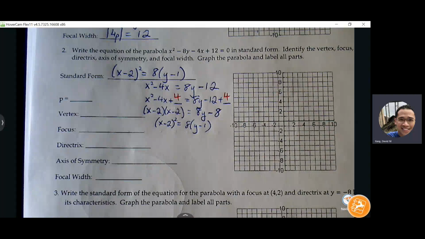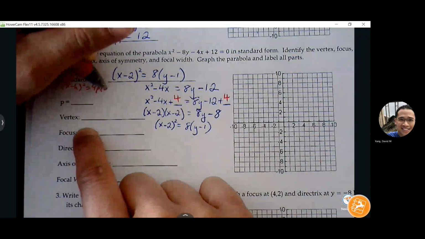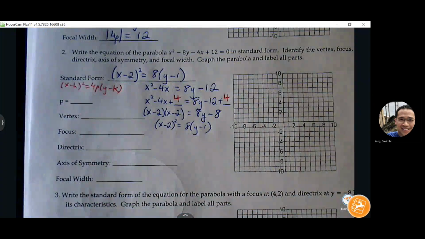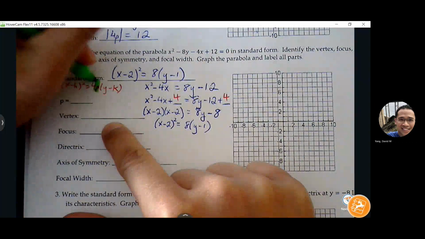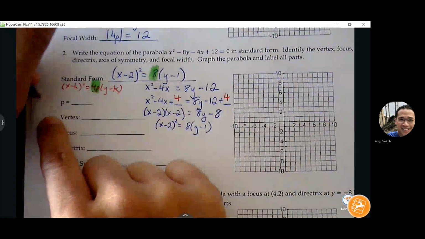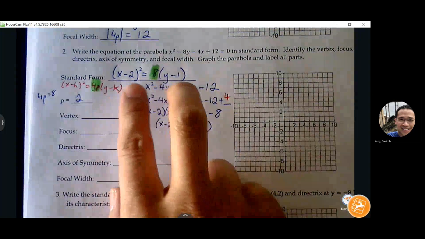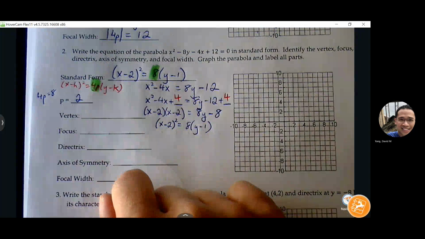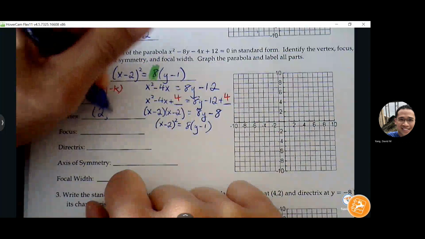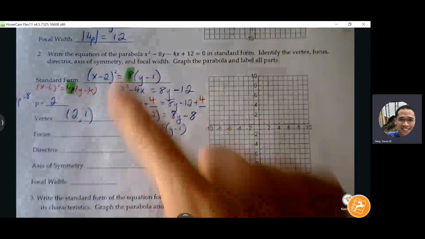All right, go through the steps. X is squared, the 8 is positive.